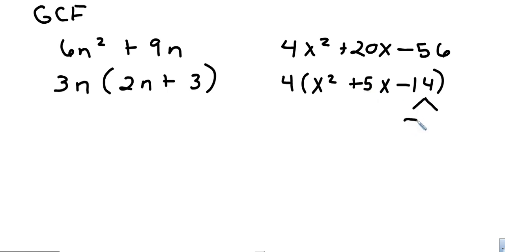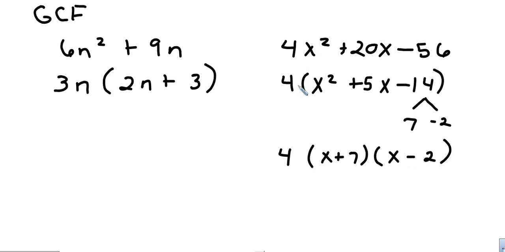And those factors are 7 and negative 2. It means that this factors as 4 times (x + 7) times (x - 2). Be careful, this common factor, don't drop that. It has to be written here as part of the factored form of my quadratic.